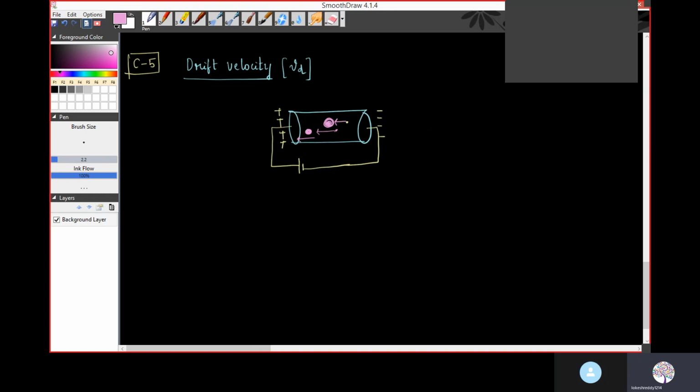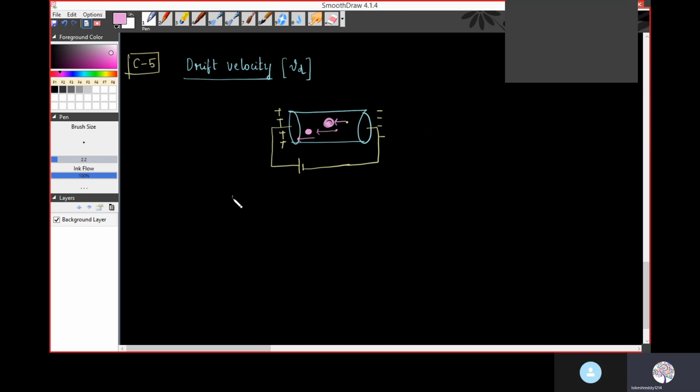So this uniform or average velocity acquired by the electron when placed in the electric field is called drift velocity.